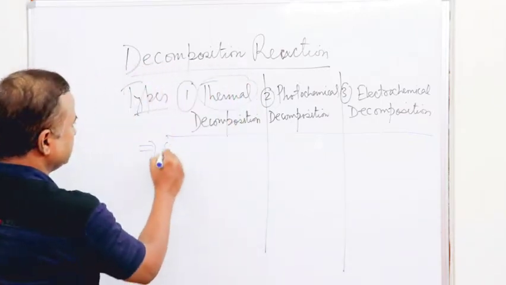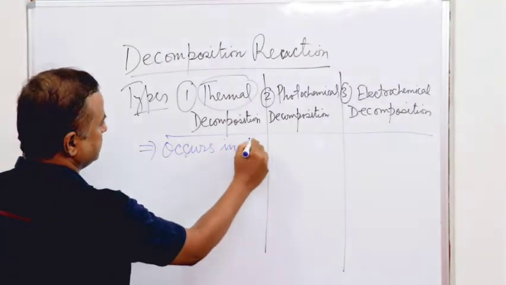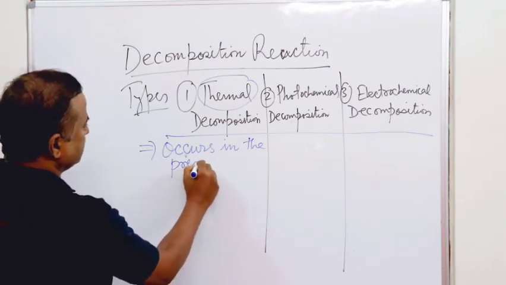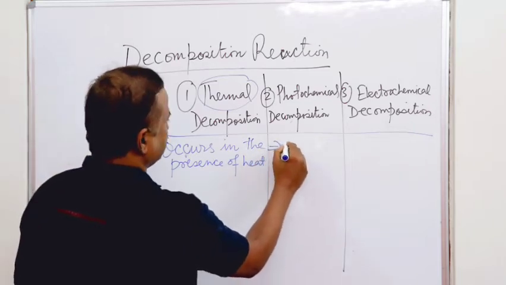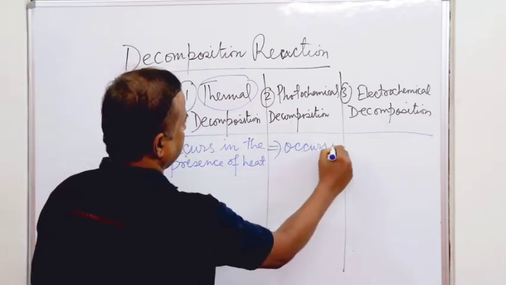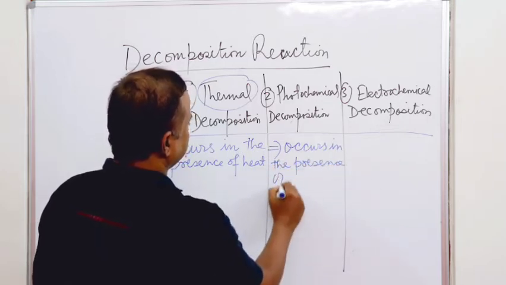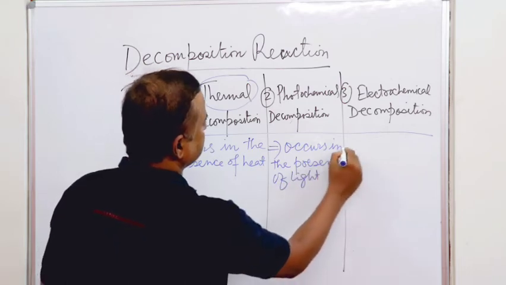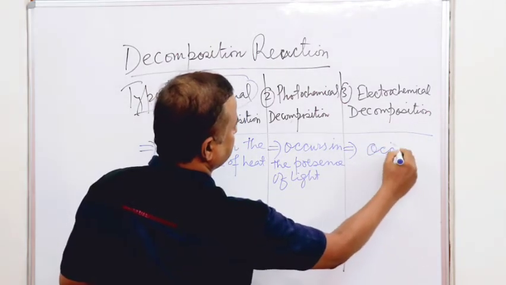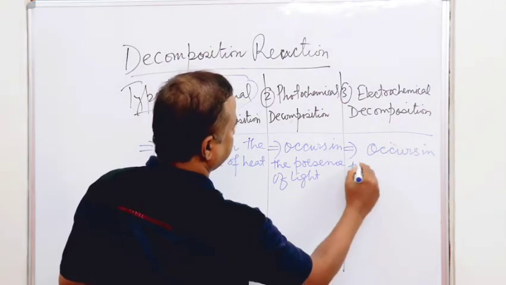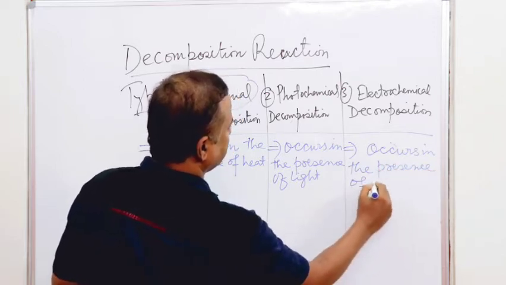So thermal occurs in the presence of heat, photochemical occurs in the presence of light, and electrochemical occurs in the presence of electric current.